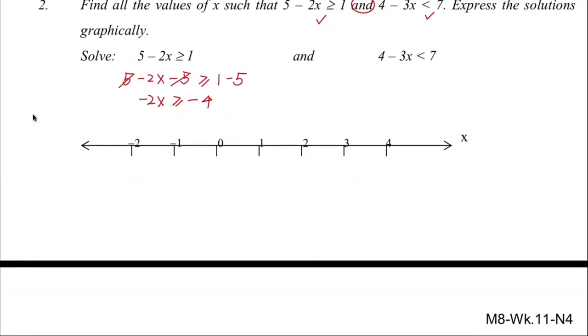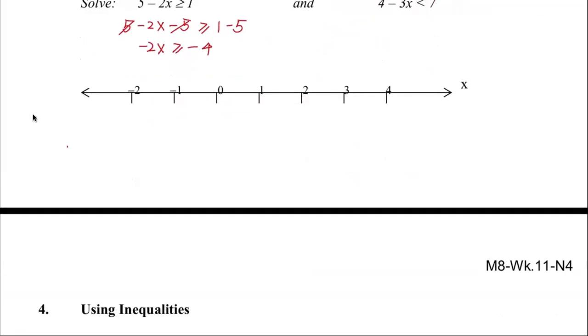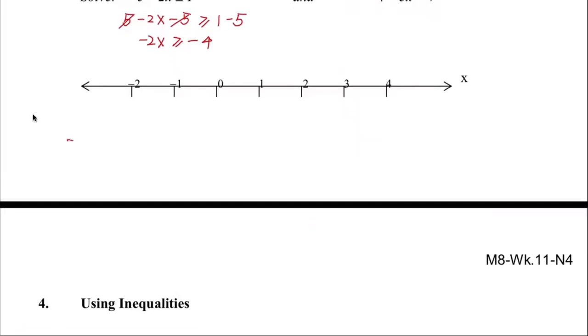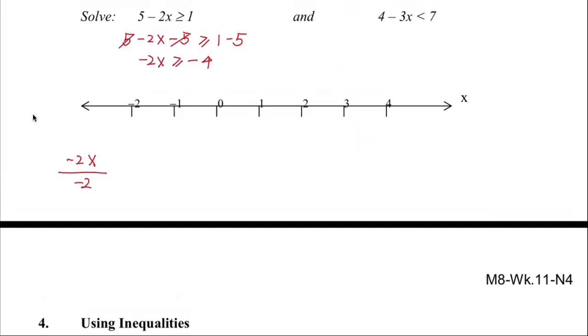So here, minus 2x, I will write it here so it doesn't affect our graph later on. Okay. So minus 2x, I need to divide minus 2x by minus 2 to get rid of the negative coefficient, right? And for the right-hand side, I also need to divide minus 4 by negative 2, right?